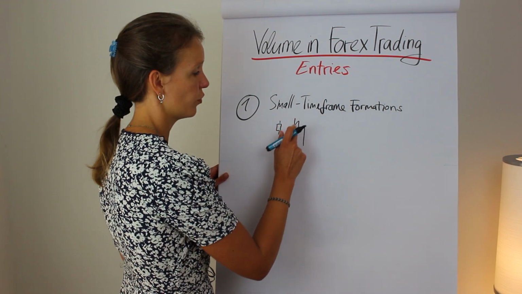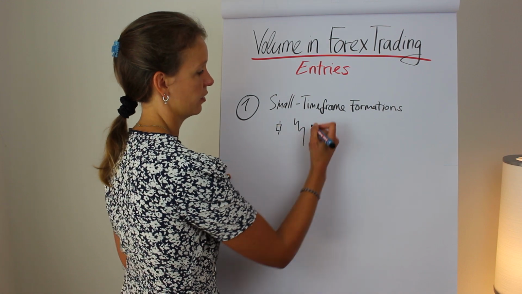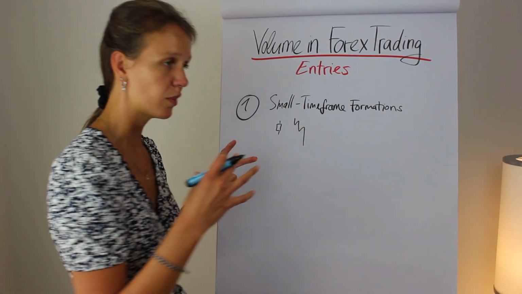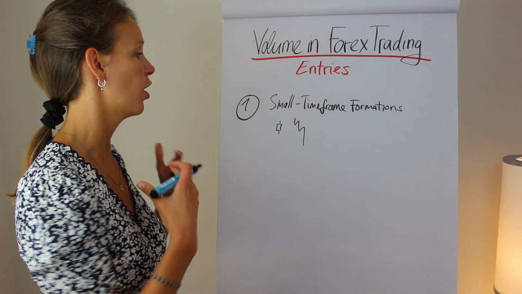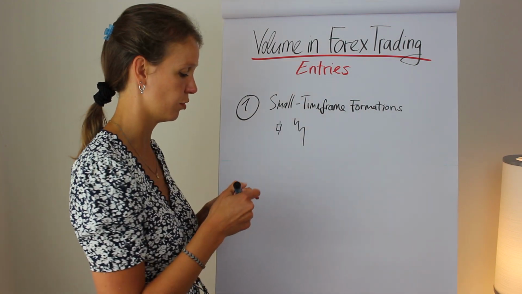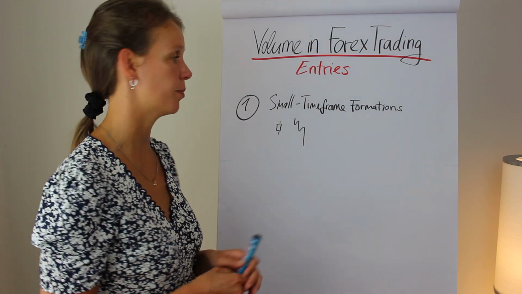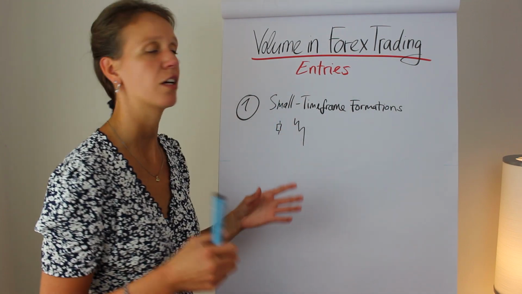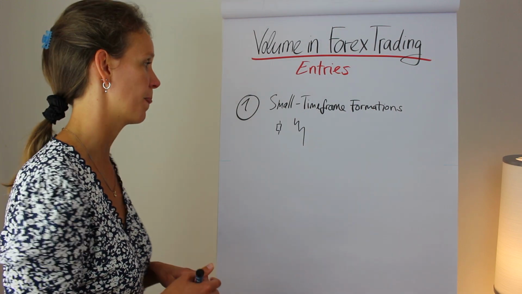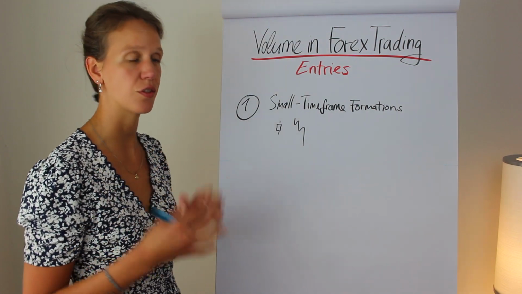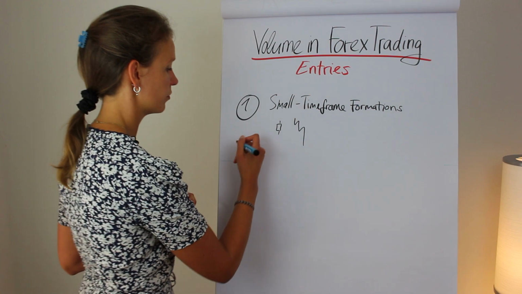Because this movement within this candle is represented in a lot more candles, so it gives you a lot better hint. So a really good possibility for you to use in order to tell if there is volume in the market and also into the right direction.